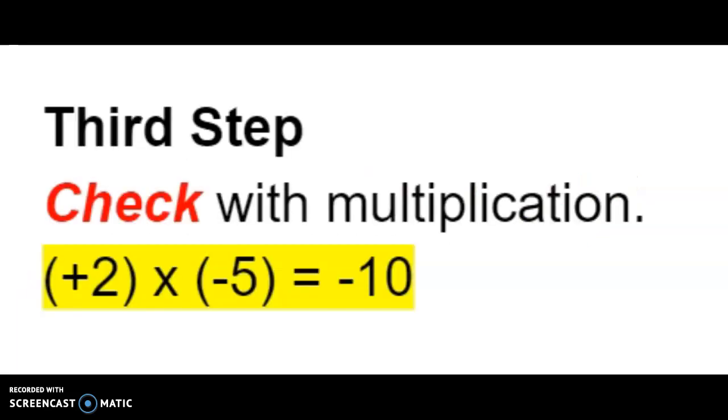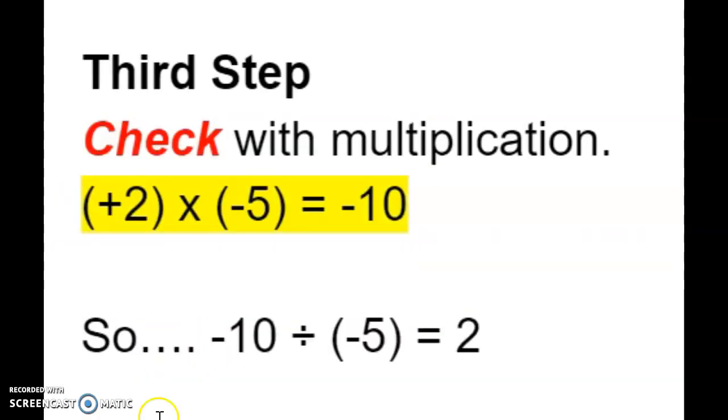All right, thinking about it backwards from the second step, the third step is checking with multiplication. +2 times -5 gives you -10. Now we can relook at our division problem. -10 divided by -5 gives you 2. Again, thinking about it backwards. 2 times -5 gives you -10.